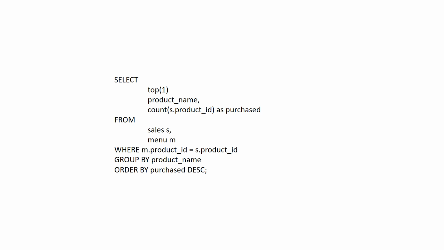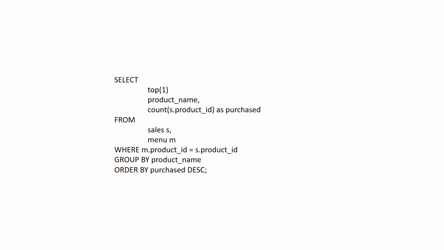So select top one product name, count s dot product id as purchased. So what it is going to do, this selects the top one product name based on the count of the times the product has been purchased using the count function, and renames the calculated column as purchased.